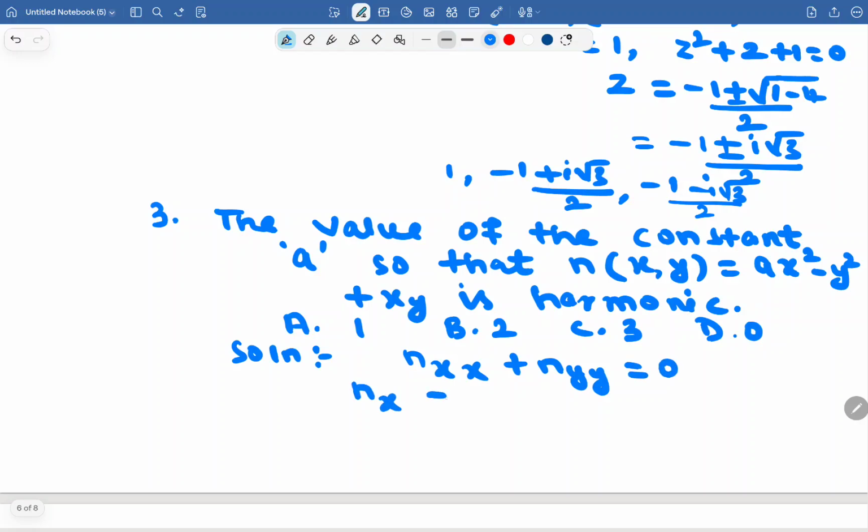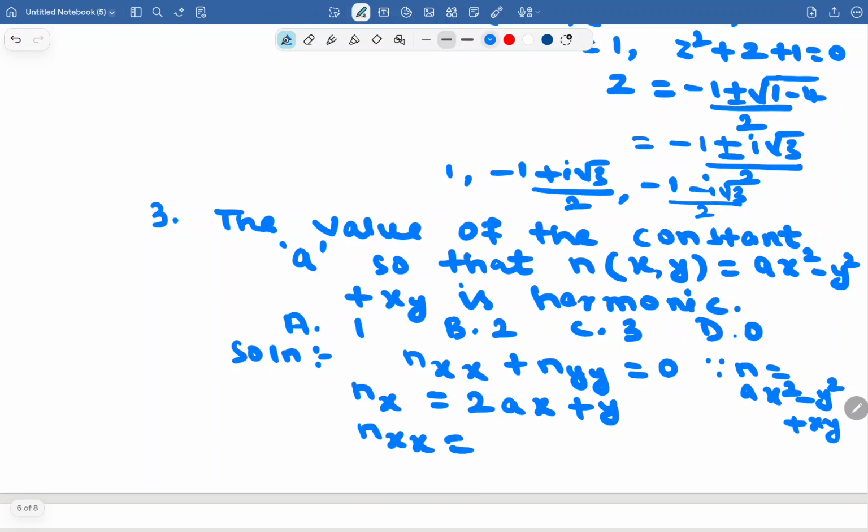Find u x: since u is a x square minus y square plus xy, u x is 2ax plus y.